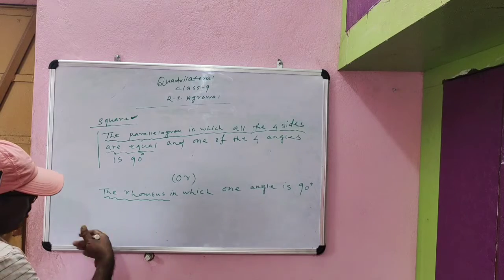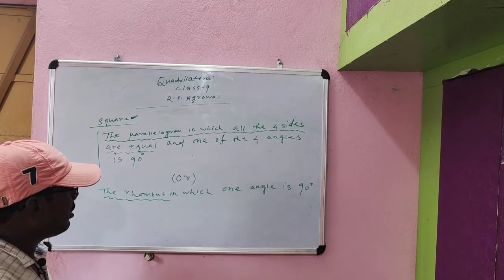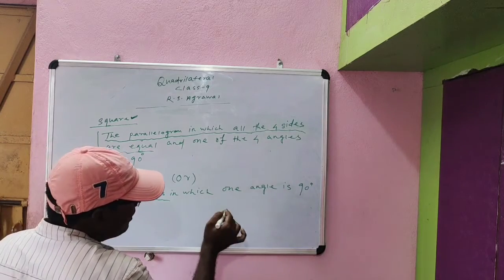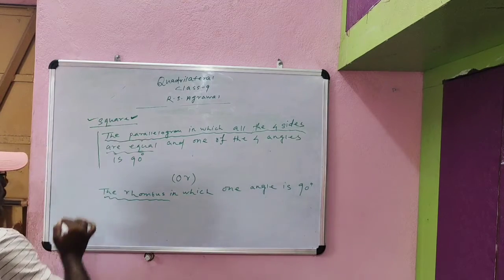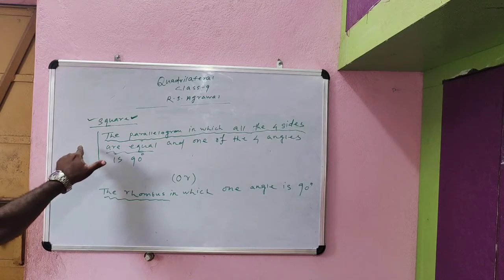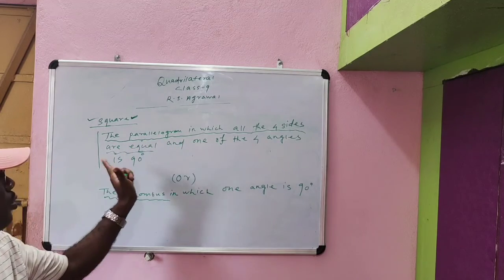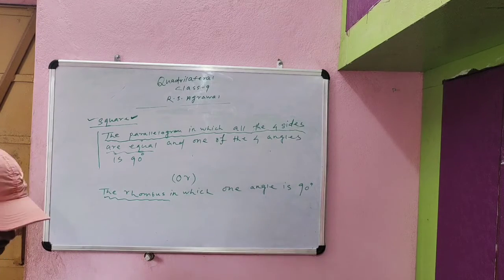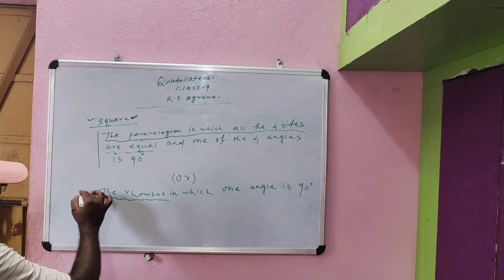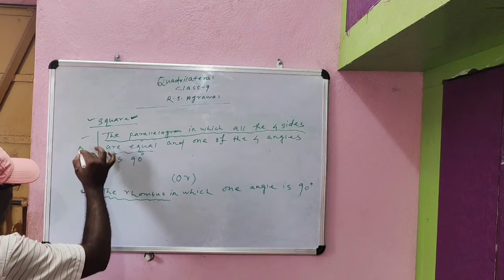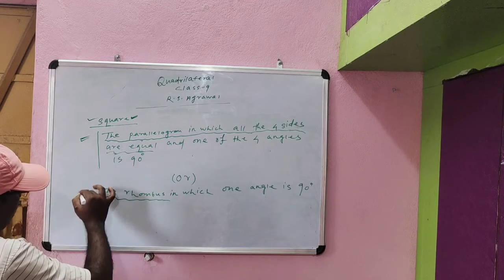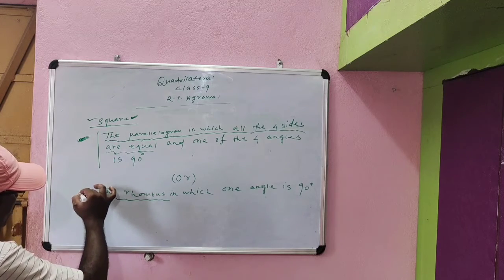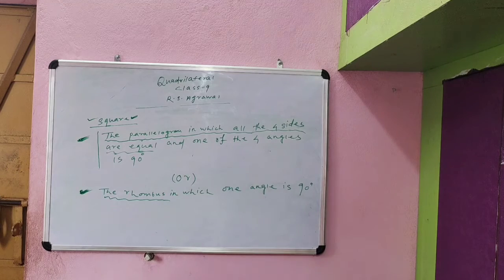Therefore, you can alternatively say that the rhombus in which one angle is 90 is called a square, or the parallelogram in which all the four sides are equal and one of the four angles is 90 is called a square. So there are two definitions of the square. You can use any one of these two. So note it.